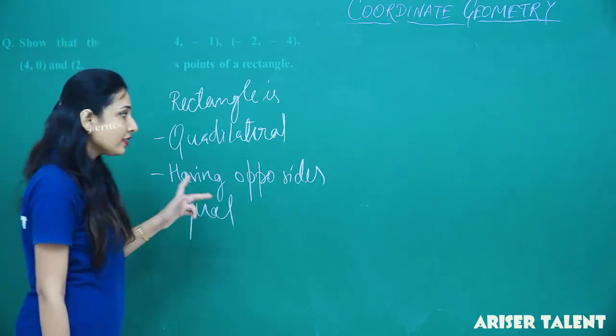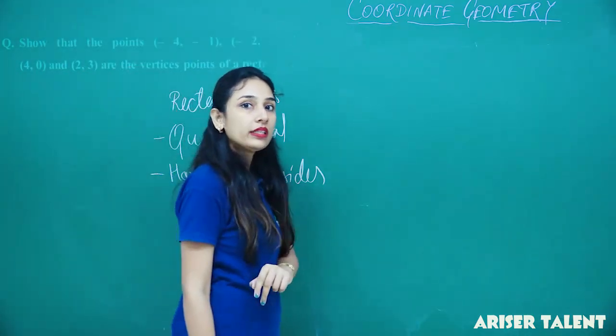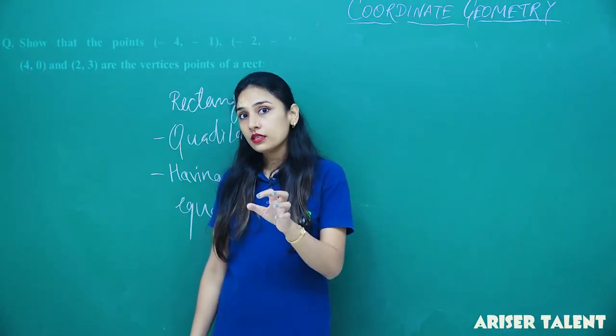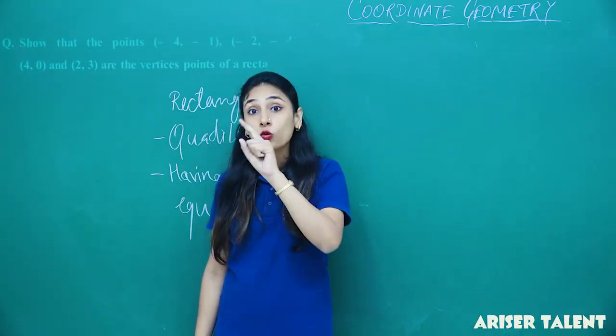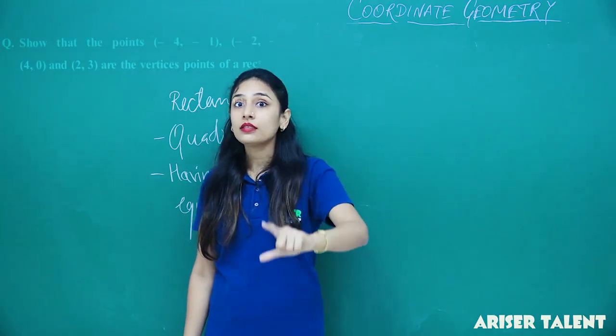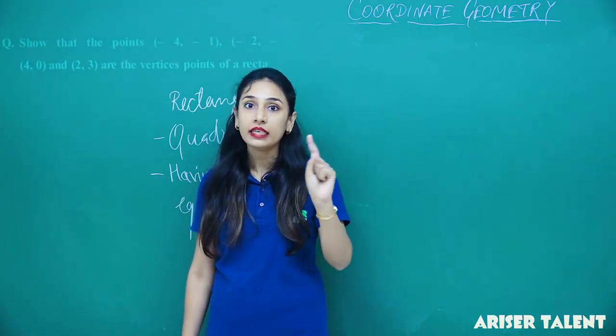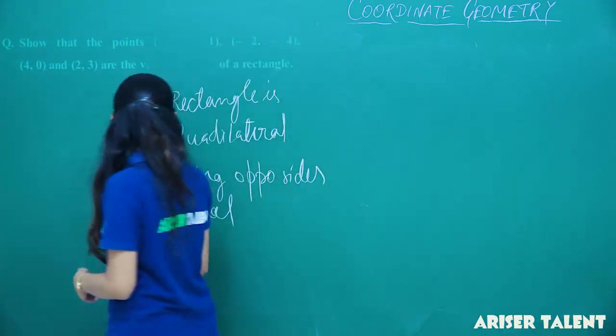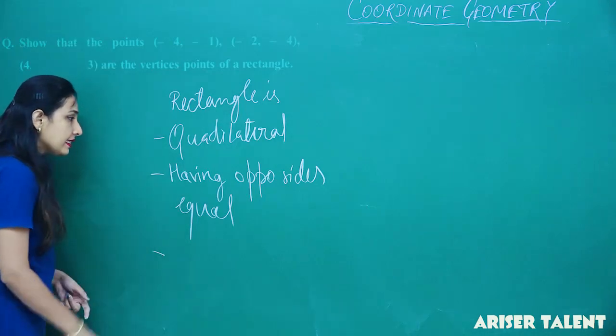So, in case you have proved that there are two pairs of lines which are equal to each other, is it compulsory a rectangle? No, it is not. Because if the angle between the sides is not 90 degrees, then it is a parallelogram but not a rectangle. So you have to rethink that having opposite sides equal.